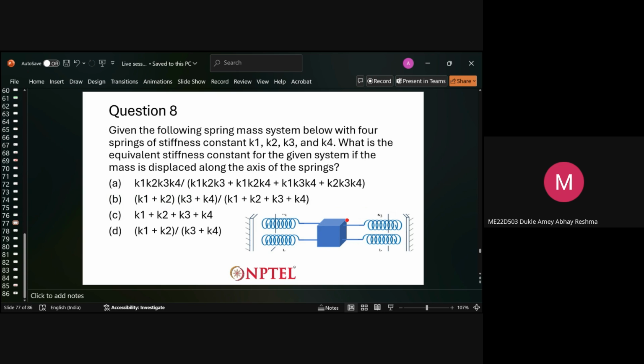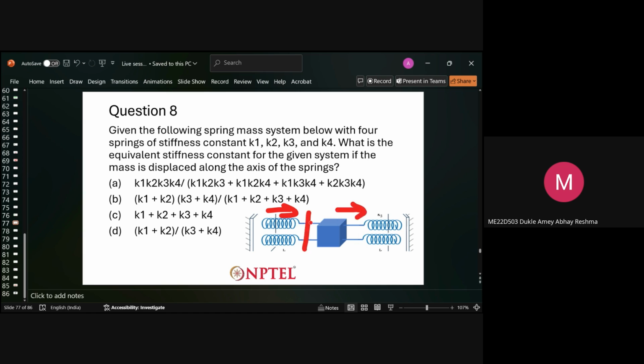Moving to the next question. In the following spring mass system below, four springs of stiffness K1, K2, K3 and K4 are attached. What is the displacement if it is displaced along the axis of the spring? The axis of the spring, here you can see, is here. Assume that this mass is displaced along this axis.